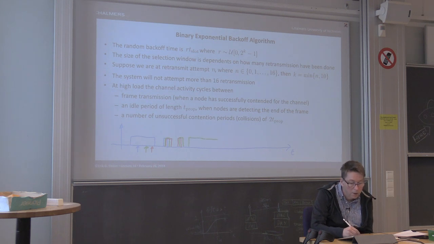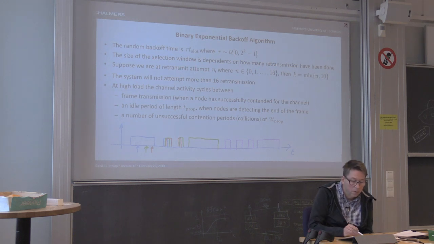Maybe it's going to be like this. And then the green frame is transmitted. And we keep on going like this. So we have a frame transmission. There is a bunch of these unsuccessful attempts to capture the channel until one node captures the channel and then can transmit the frame.